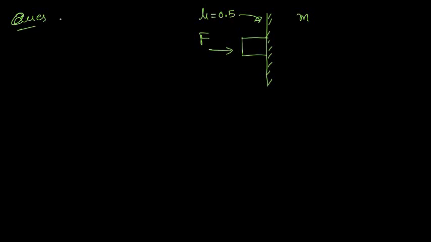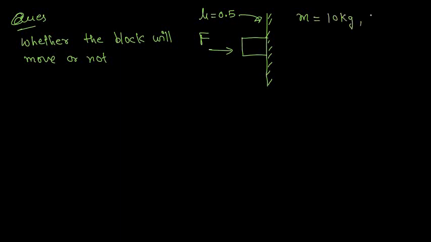Then you have to comment on whether the block will move or not. You have to compare these two cases, when mass is equal to 10 kilogram and mass is equal to 3 kilogram. And the second thing, your force is given to be 100 Newton. Okay, so these are the situations.